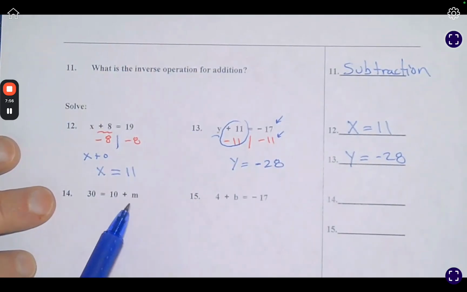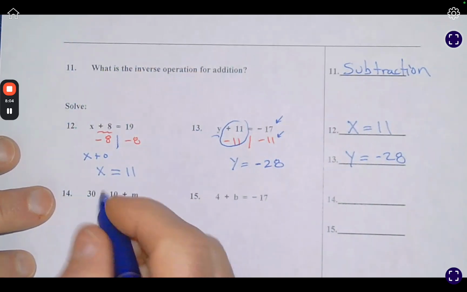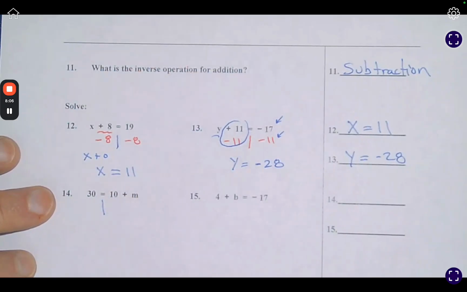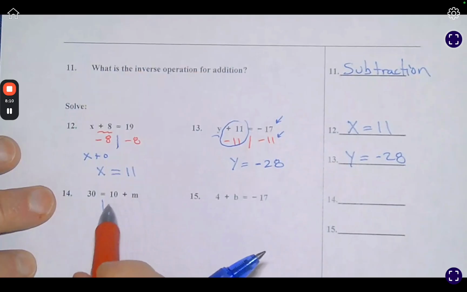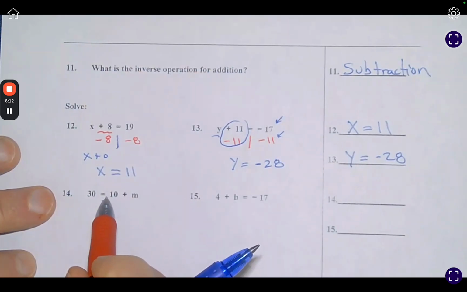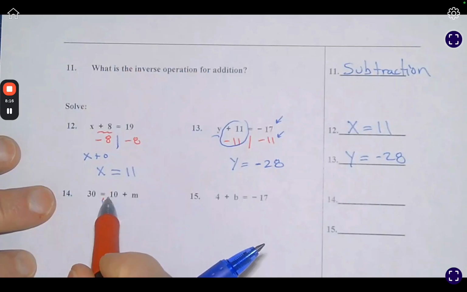Ooh! They put the variable on the other side, but that's okay. I still got to undo what's being done to it. So I'm going to go ahead and put my line there. I need to get rid of that 10. The thing is, there's no operation in front of it. So I don't know if it's a positive 10 or a negative 10.